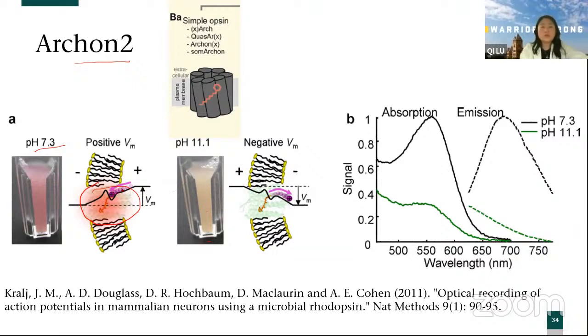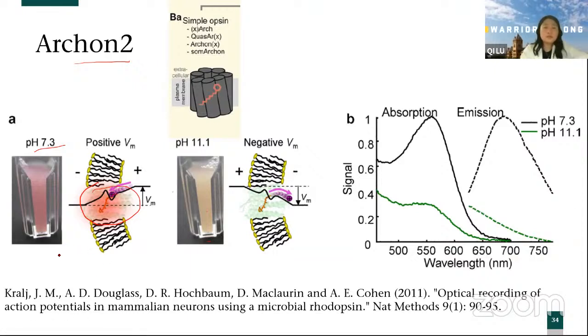The proton location is not only determined by the pH difference between the two sides of the membrane. It can also be affected by the membrane potential. If there's a more negative membrane potential, then the protons will prefer to be located out of the center of these rhodopsins.